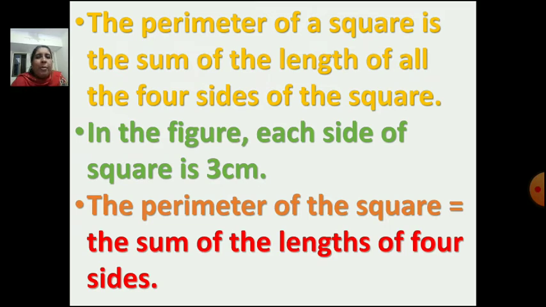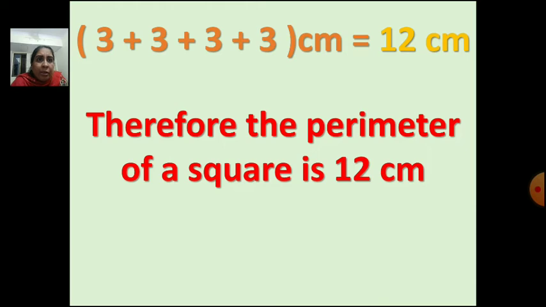How many sides does the square have? Four sides. So we will add the length of all the four sides. So what will be the answer? 3 plus 3 plus 3 plus 3 centimeter is equal to how much? If you add 3 four times, 3 plus 3 plus 3 plus 3, what will you get? 12 centimeter. Therefore, the perimeter of a square is how much? 12 centimeter. So this is the answer, children.